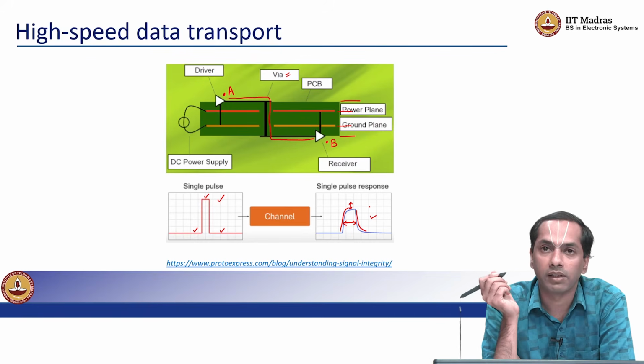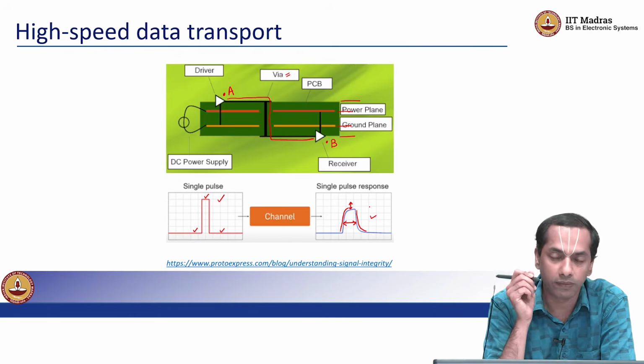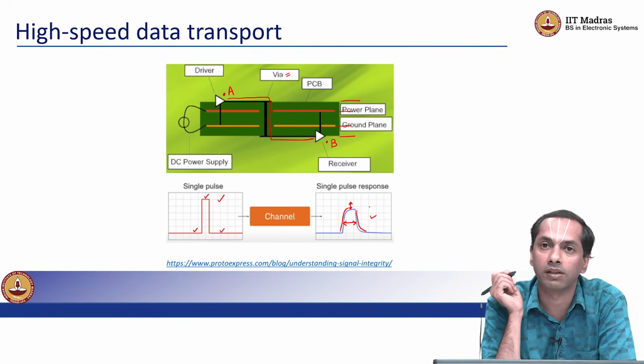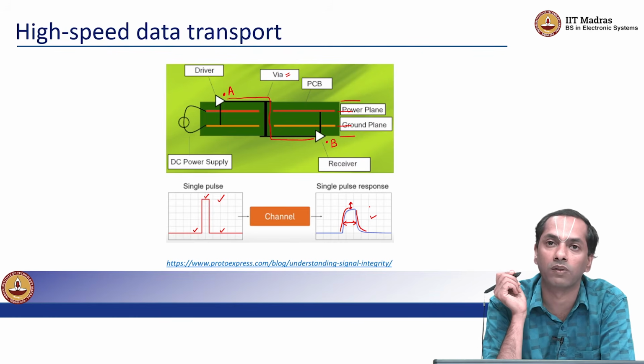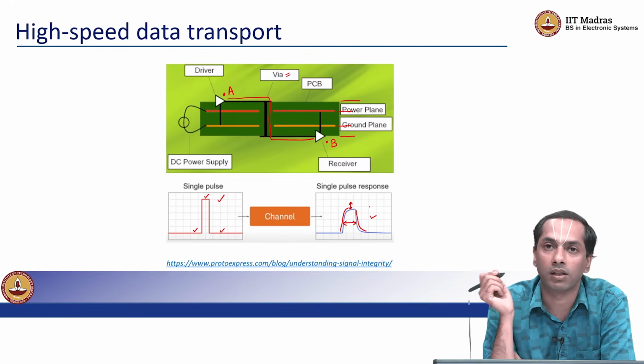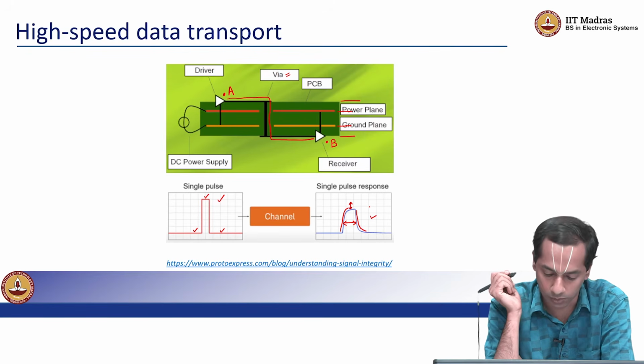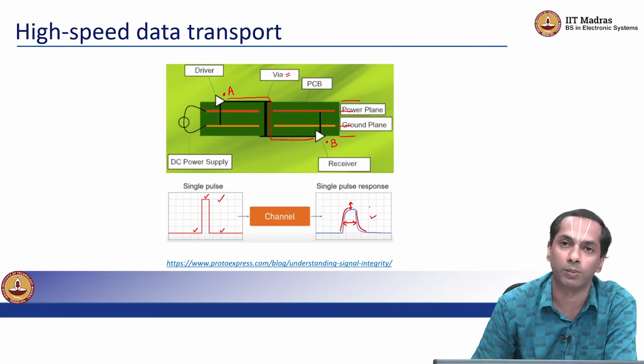And beyond understanding, we need to go to actually being able to quantitatively say that, given certain characteristics of a signal at the input of the wire, what are the characteristics at the output? And this course will help you with that.